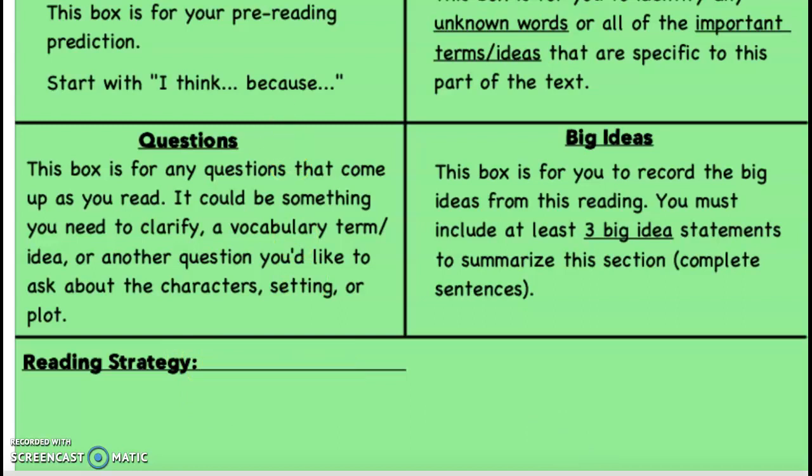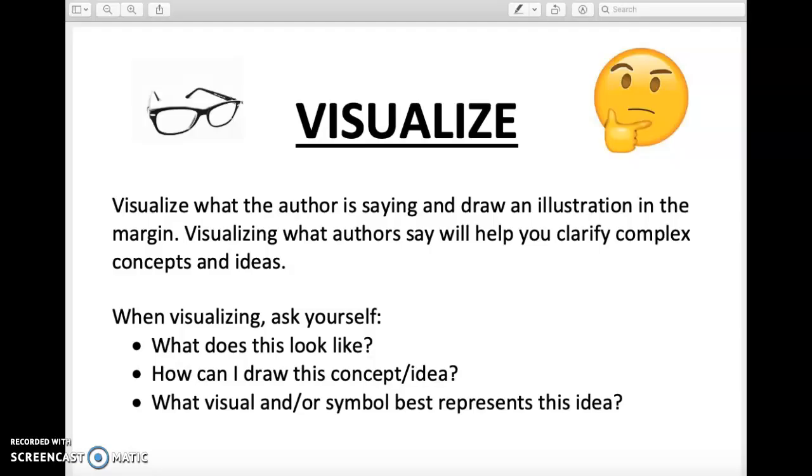Let's look at just visualization. This strategy of visualize, the word visualize means to think about creating a picture in your head. So when you read something, you're reading words, but those words actually create pictures or ideas in your head.